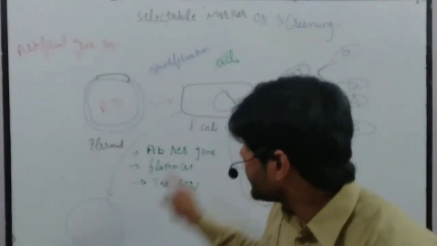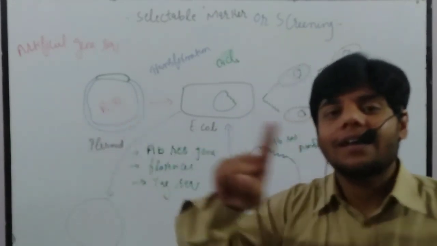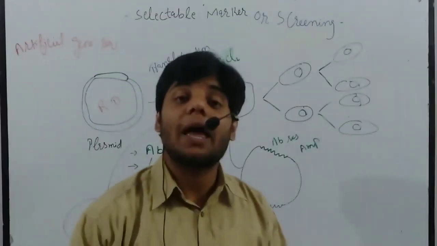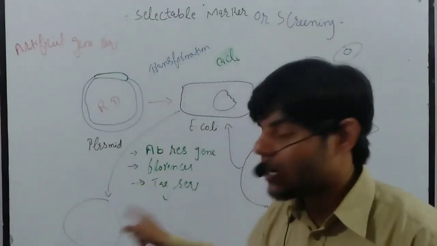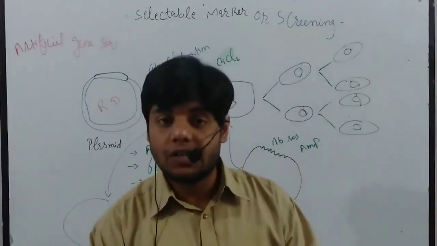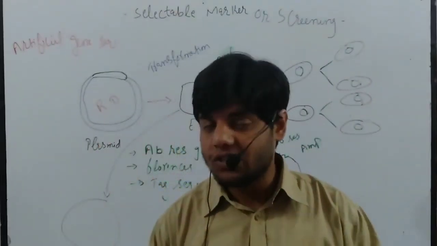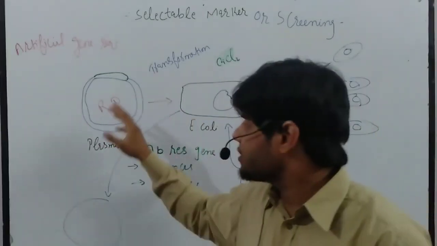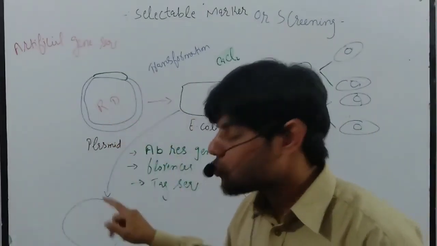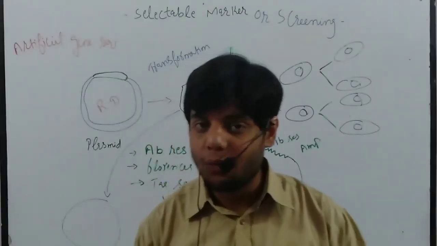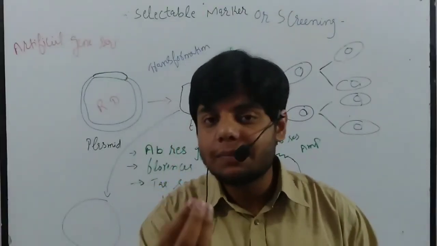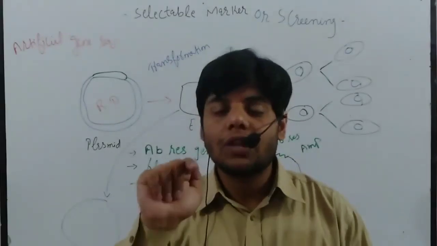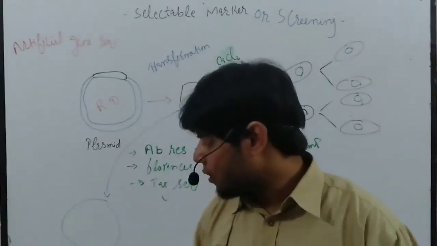Why do they grow? Because each bacterium contains the selectable marker, which is the ampicillin resistance gene. Those bacteria which don't have the ampicillin resistance genes, the selectable markers, will not grow, because they don't have the resistance genes to protect themselves from the antibiotic.